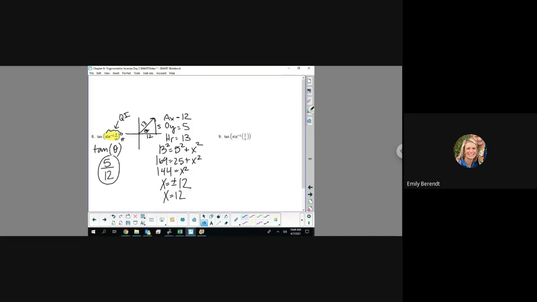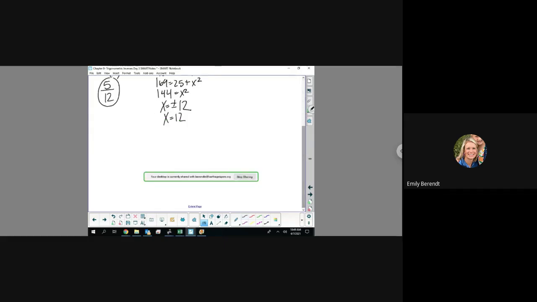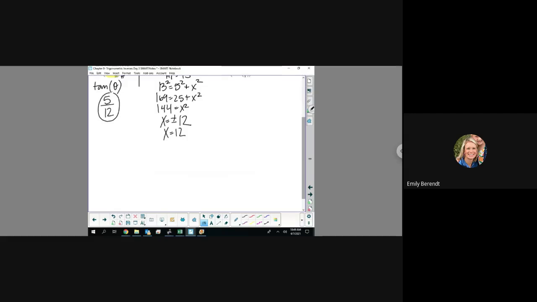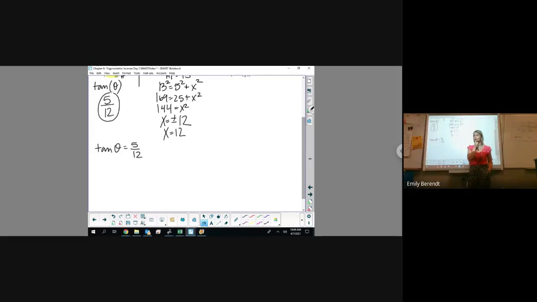Okay, this is kind of nerdy, but how would I find the exact degree for that? I'm going to wrap day 1 back into this. How would I use this to find out how big theta is? Oh, Miss B, I don't really know what you're asking me. How would I use this to figure out how big theta actually is? I use the inverse because theta is a what?